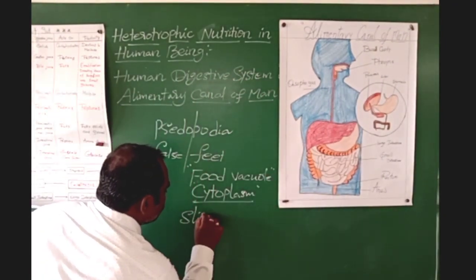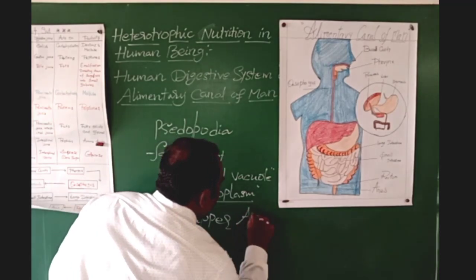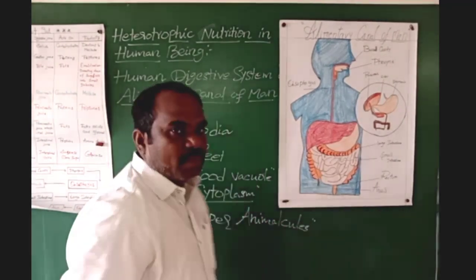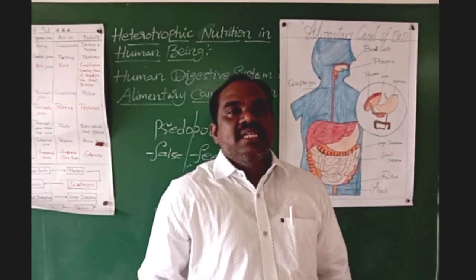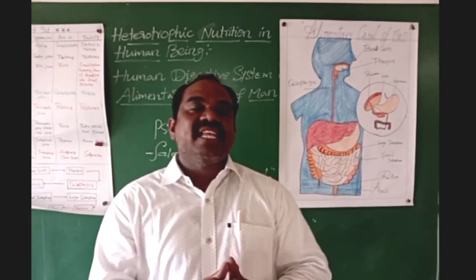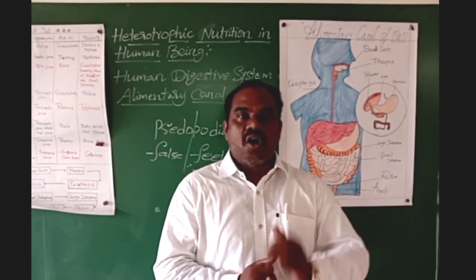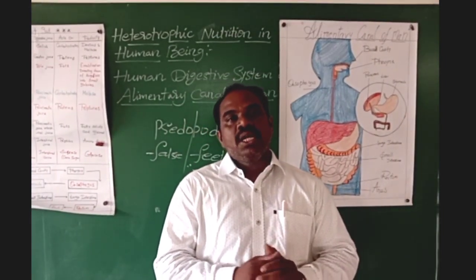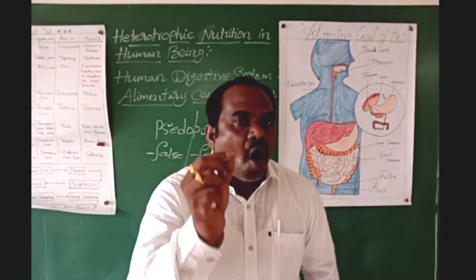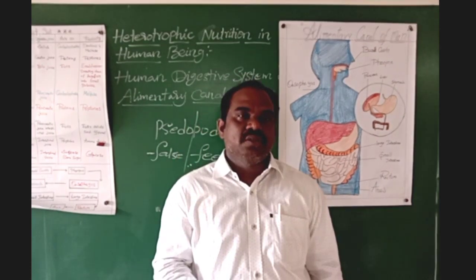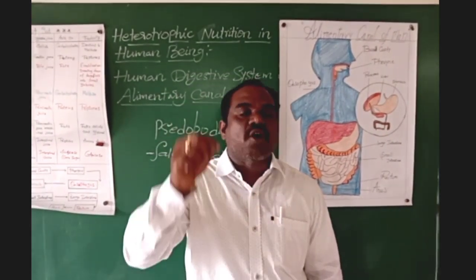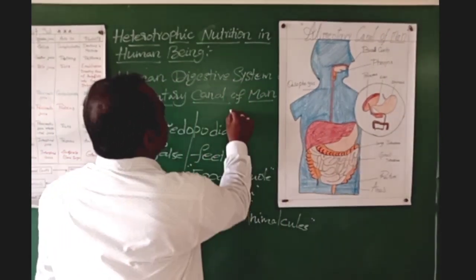On the outer surface of this organism, small hair-like structures are present, called cilia.